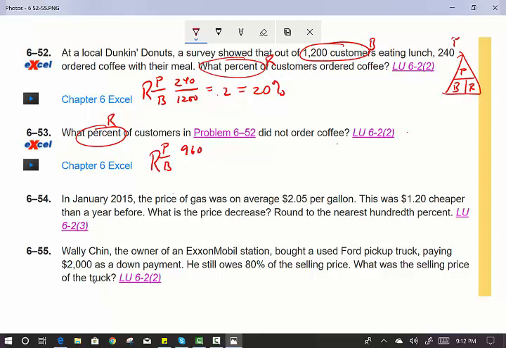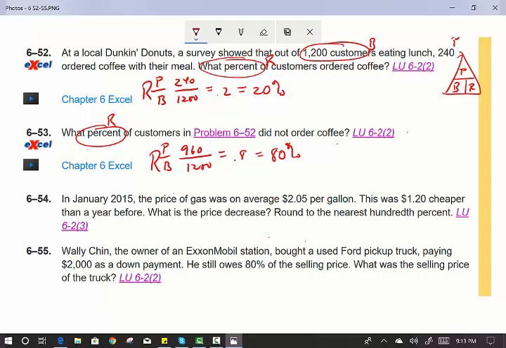So that's a part out of the 1,200 customers. And then that's going to equal a decimal amount of 0.8 on your calculator, and you'll move the decimal point 2 places to the right, and that'll equal 80% of the customers in problem 52 did not order coffee.